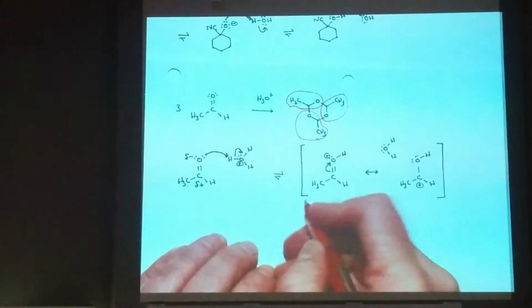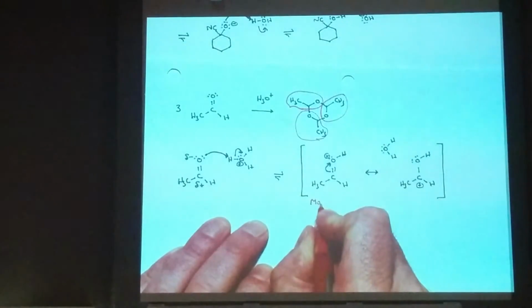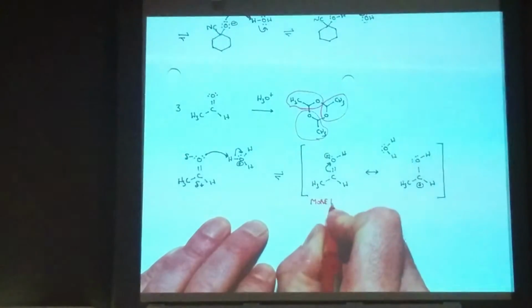The reason why this isn't as important is because the carbon has only 6 electrons around it. Here, carbon has 8 electrons, so does oxygen. It's counterintuitive. You might think, well, carbon's less electronegative, but octet rule always predominates. The more important resonance structure is definitely the one on the left.